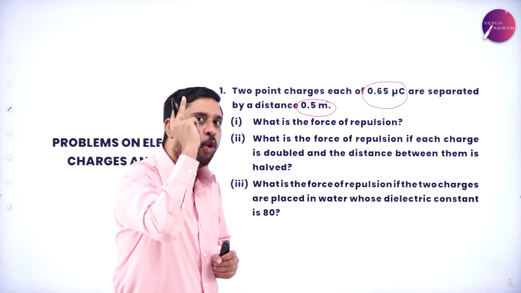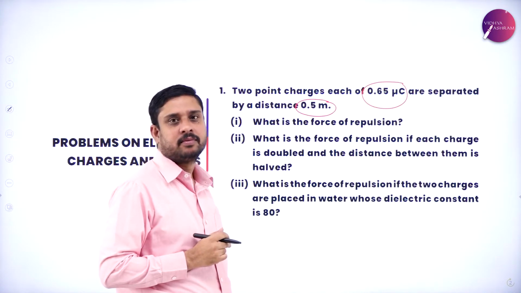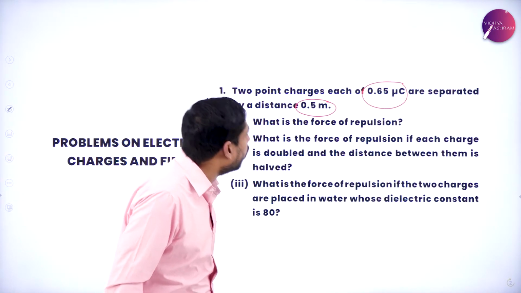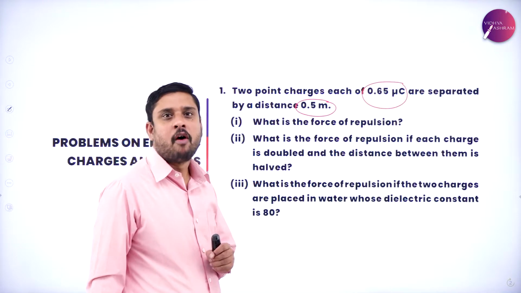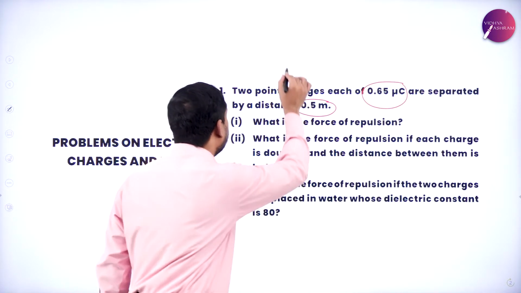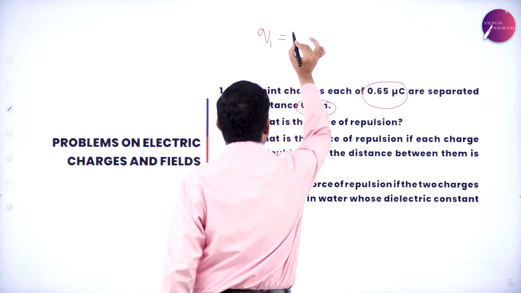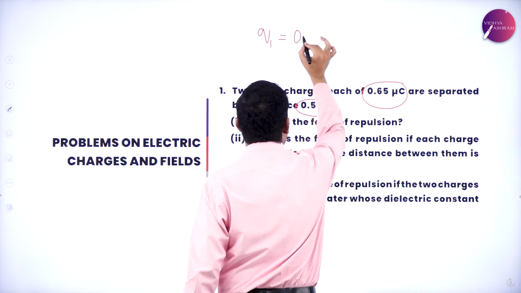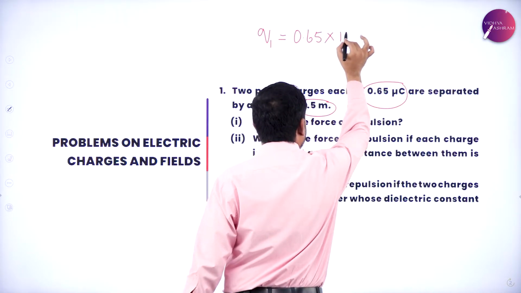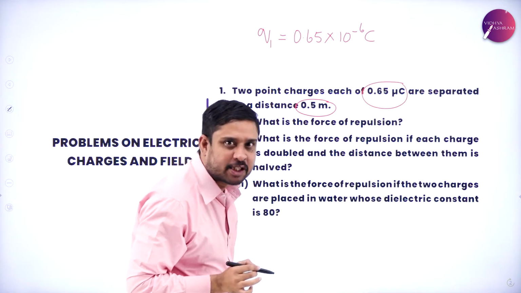There are 2-point charges, each of magnitude 0.65 microcoulomb. So Q1 is 0.65 micro, which is 10 power minus 6 coulomb.